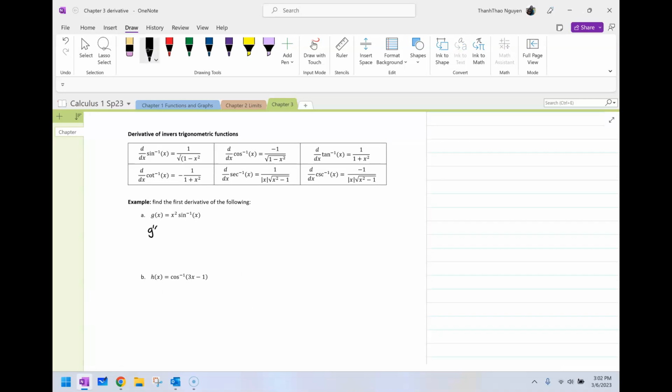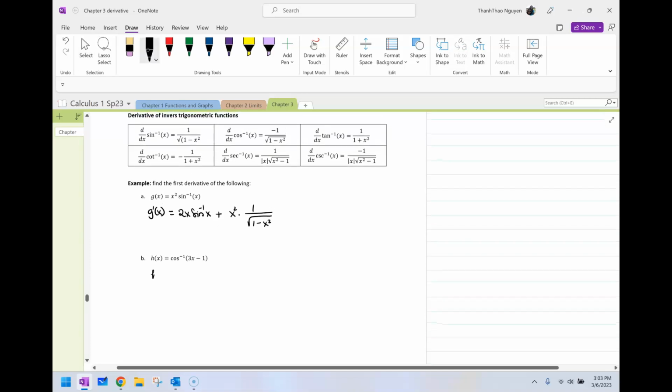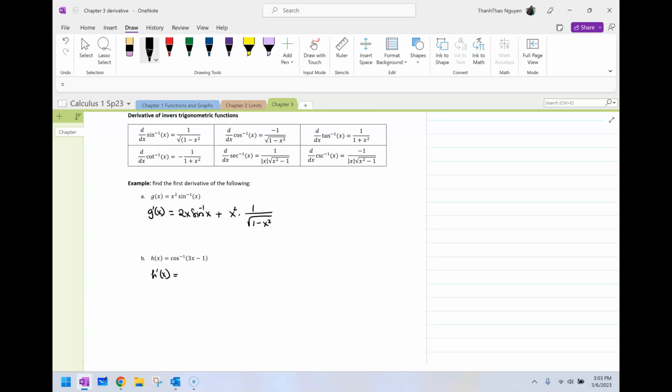So g prime of x is equal to 2x times sine inverse of x plus x squared times 1 over the square root of 1 minus x squared. h prime of x: here we have a chain rule, right?